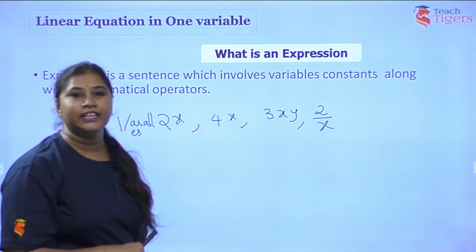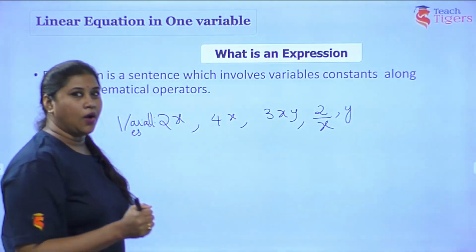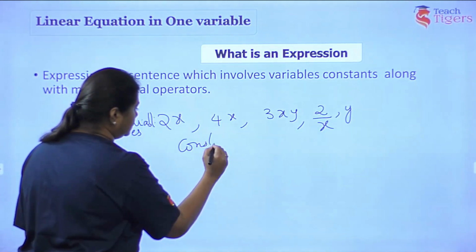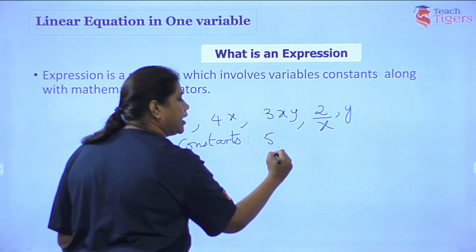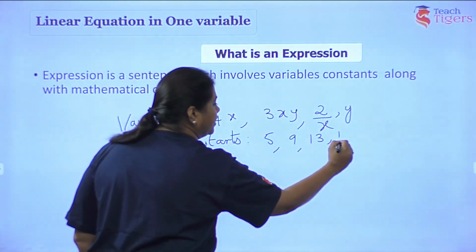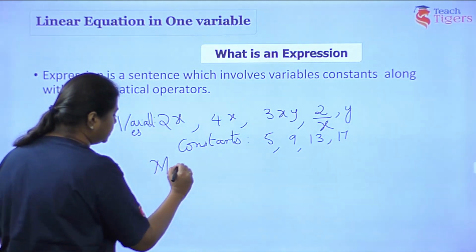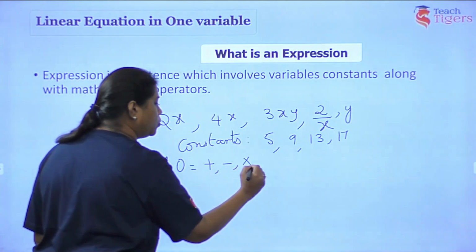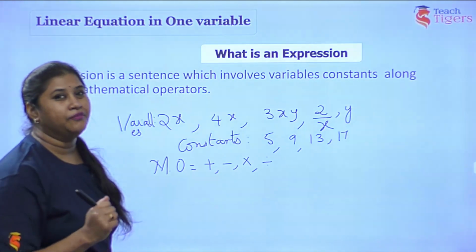I have taken all these variables. Let me take one y as well. Now I'm going to take constants, such as 5, 9, 3, 13, 17. And mathematical operators: I have plus, minus, multiplication and division. I'm going to write an expression with all this.